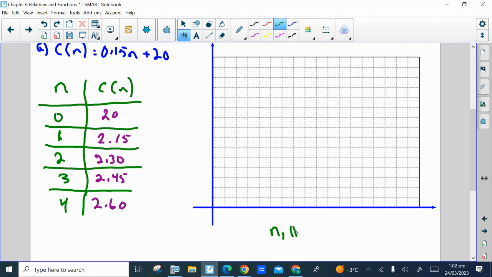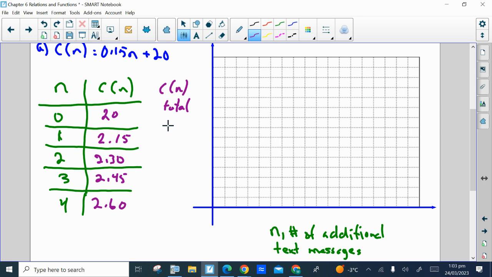This will be n, the number of additional text messages. And the dependent variable goes along the side. So that'll be C of n, the total cost, which will be in dollars.